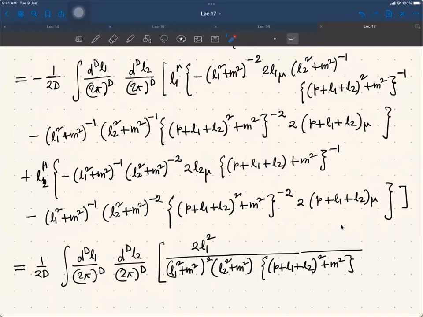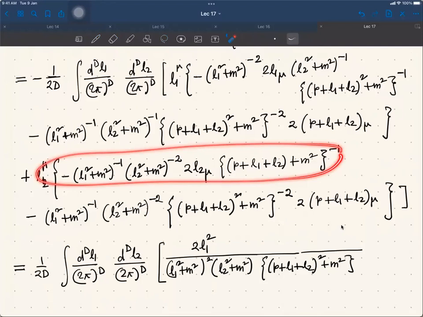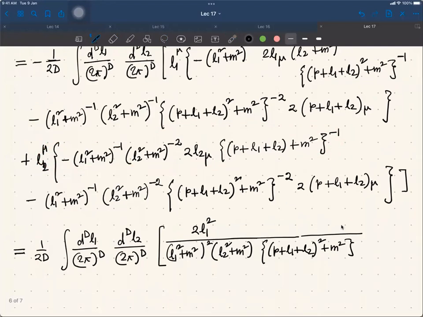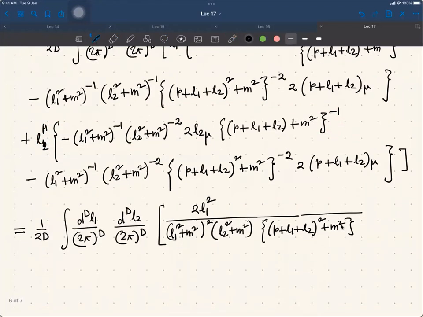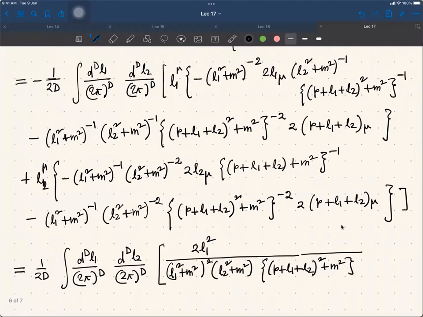Then we write this term. The first term that we just wrote comes with a negative sign, and there's an overall negative sign. So I get no sign here.